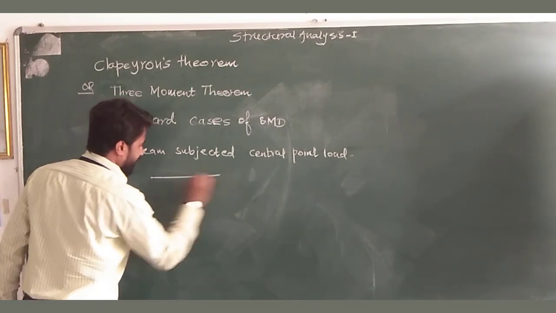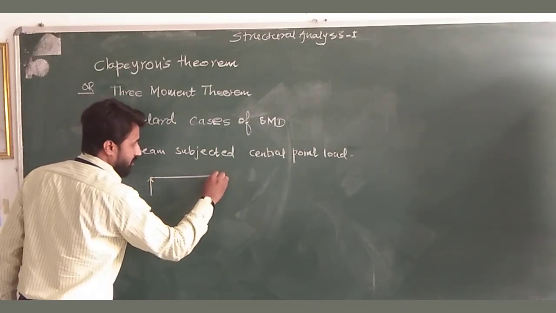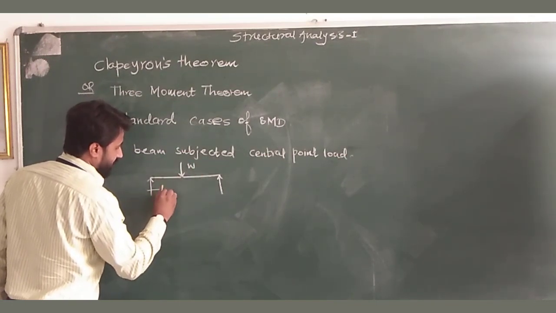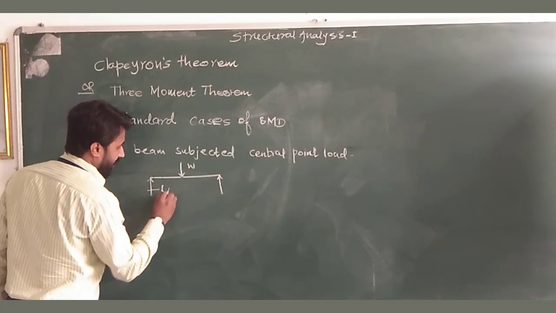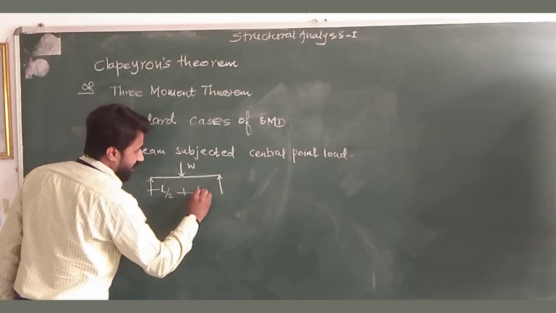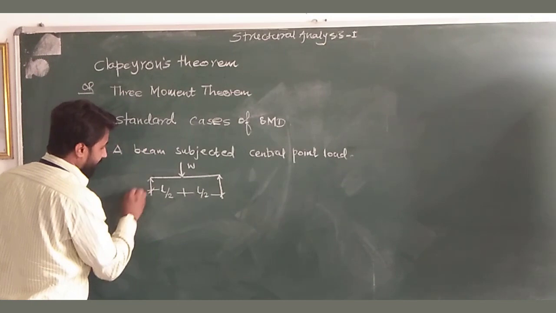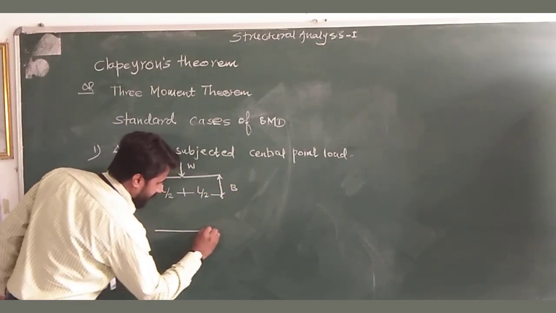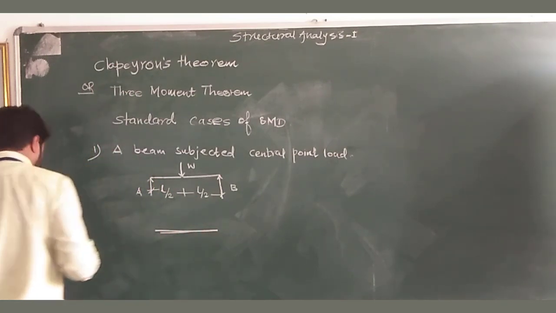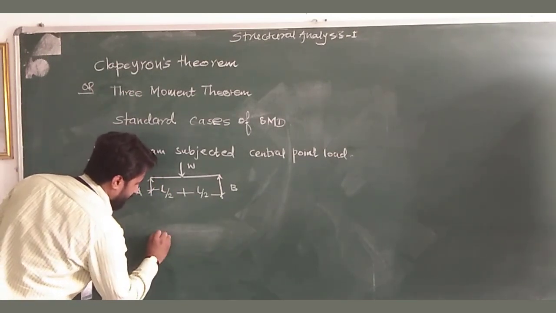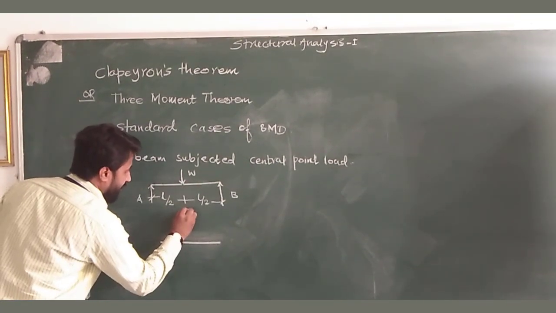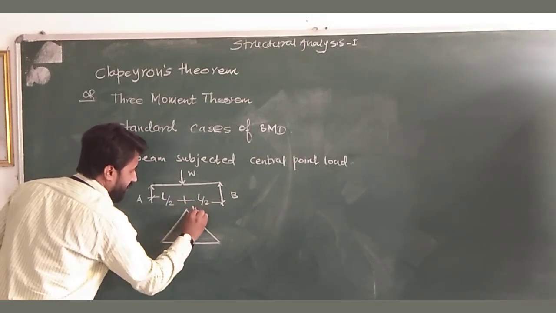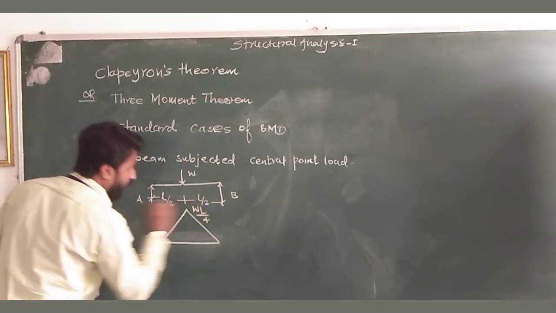The beam is subjected to central point load having load W. This one is L by 2, and this one is L by 2, if the length of the beam is L, with supports A and B. So the bending moment diagram will be a first degree curve. The magnitude will be below the load, and the bending moment will be WL by 4.